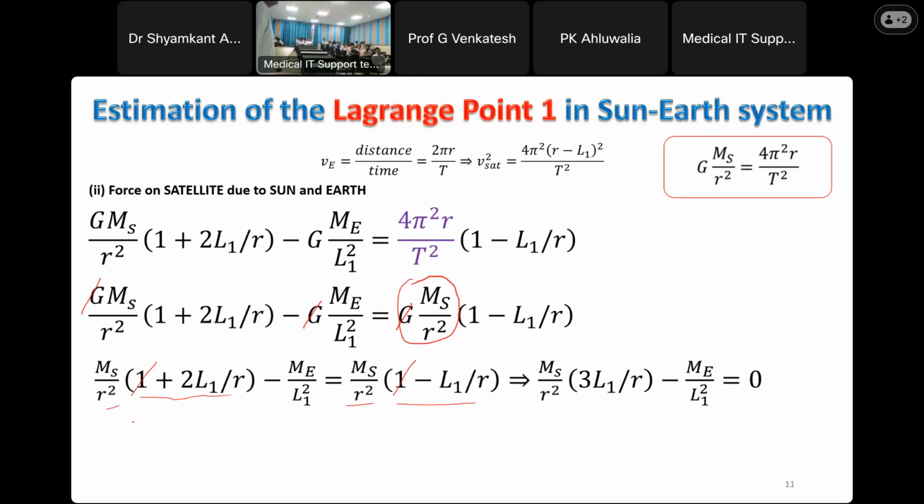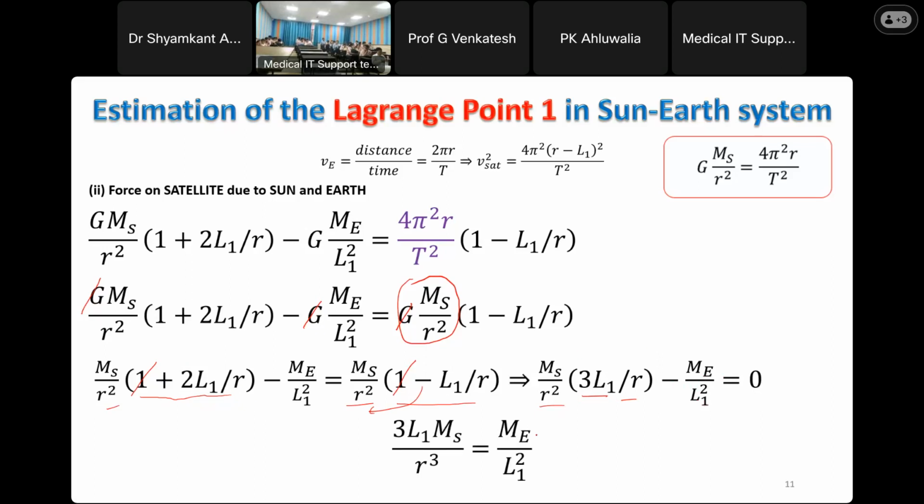We can subtract the same quantity on both sides, and then we are left with this twice L1 upon r, and we are bringing this to the left hand side. It will be thrice L1 upon r times Ms upon r square minus Me upon L1 square, that is equal to 0.